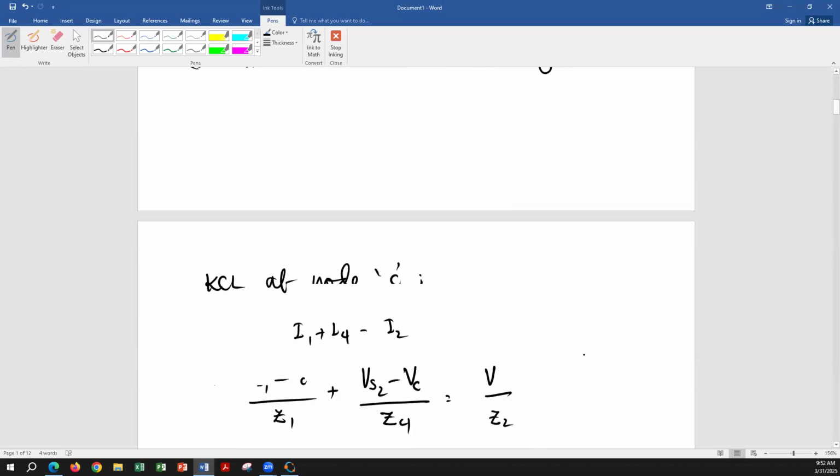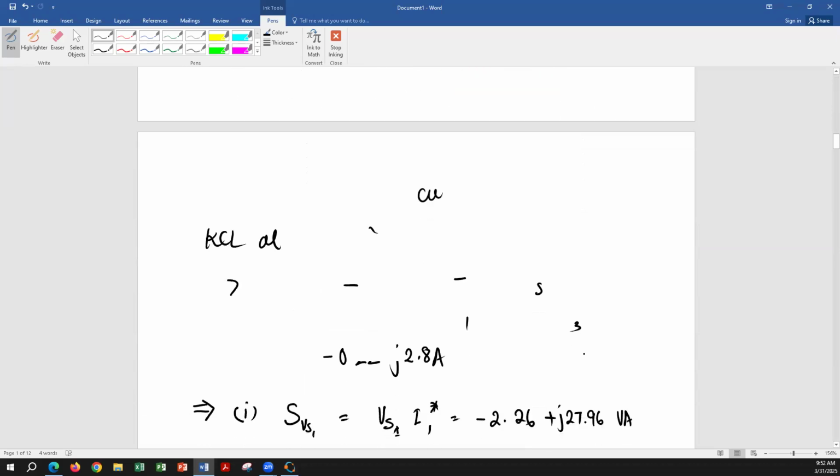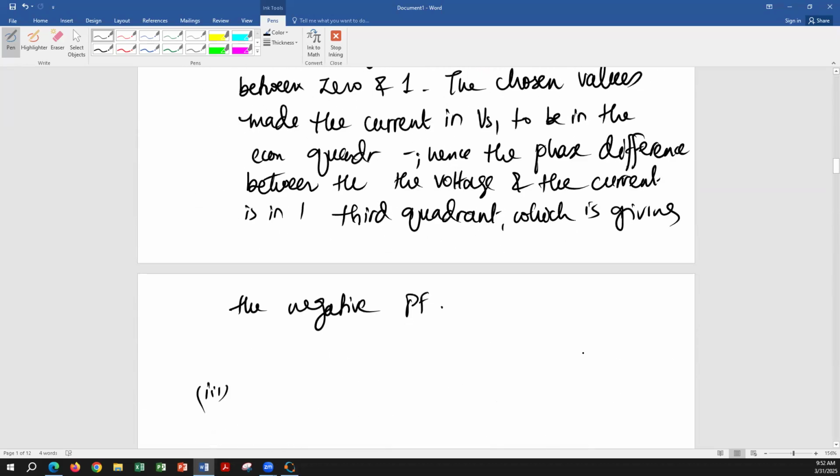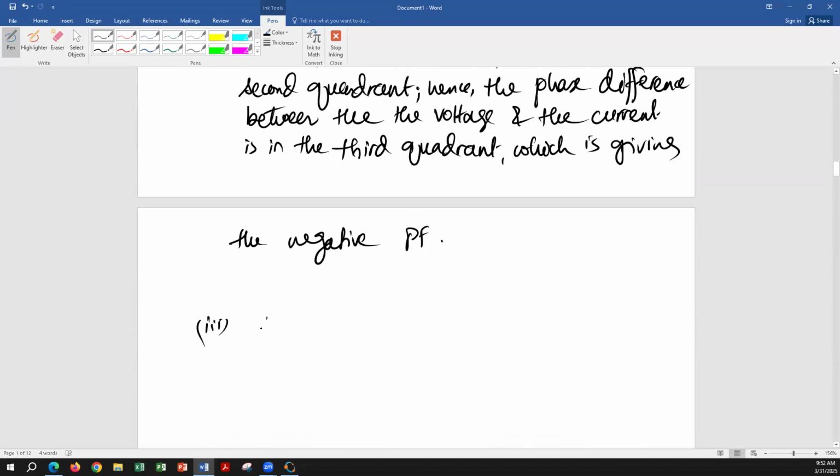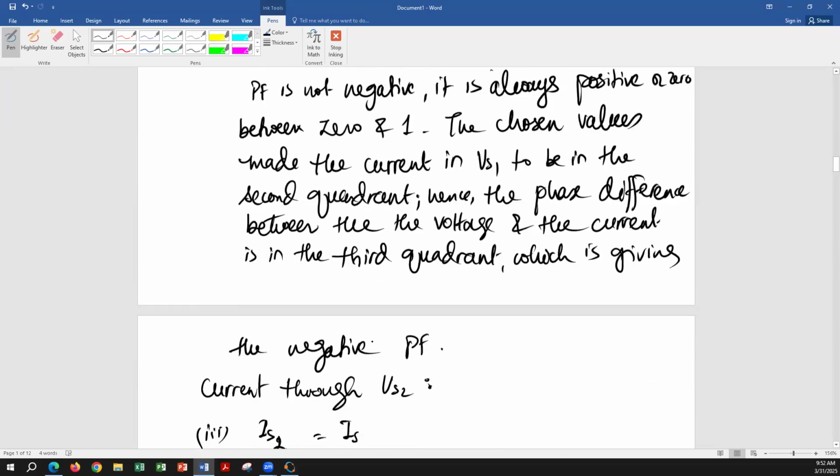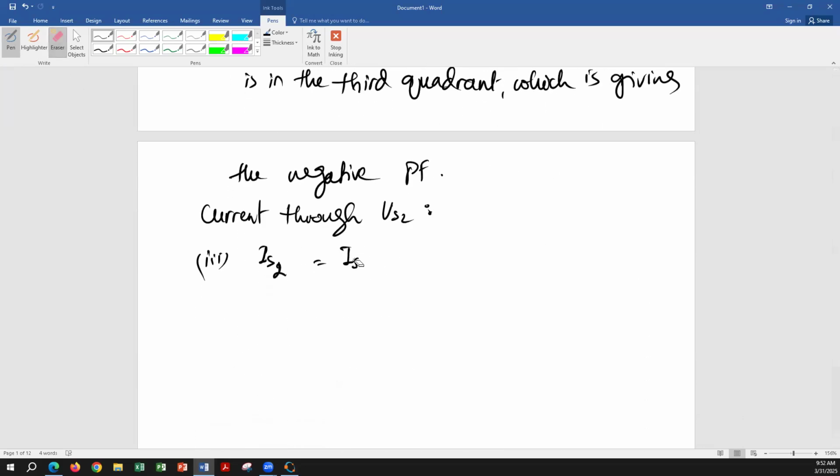So IS2 equals I4 plus I3. This is the current through VS2.